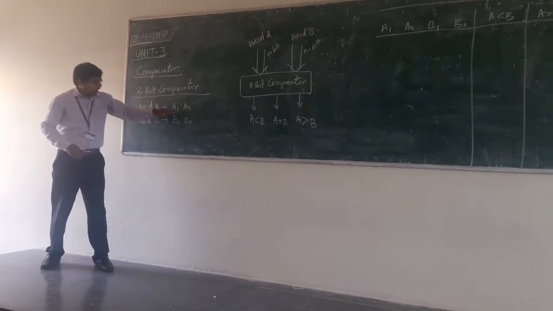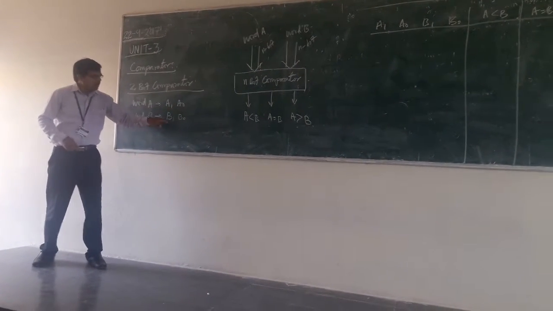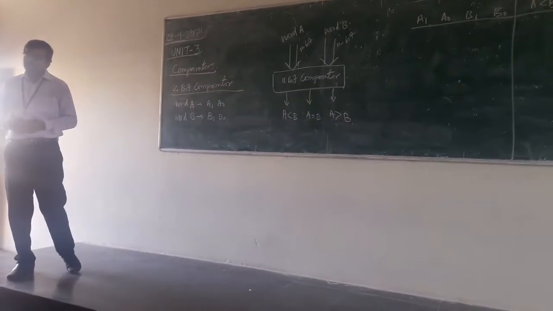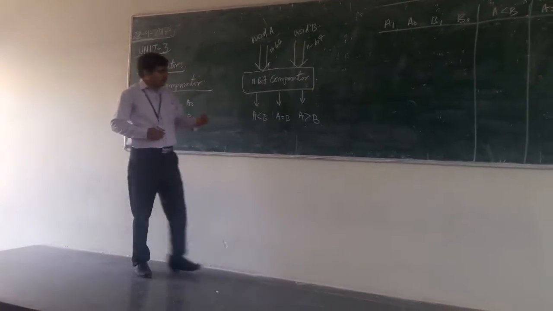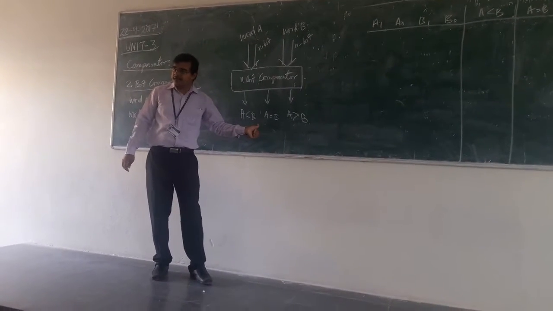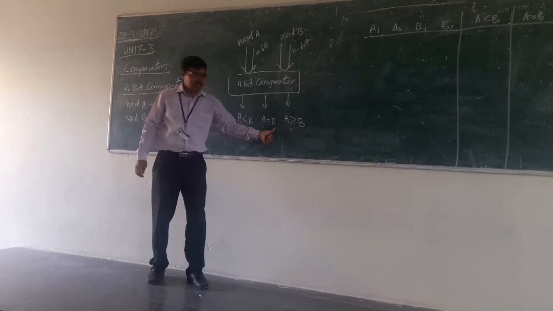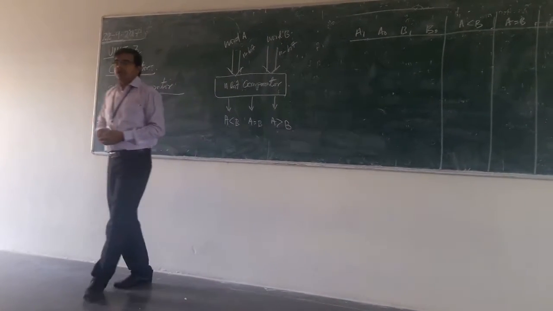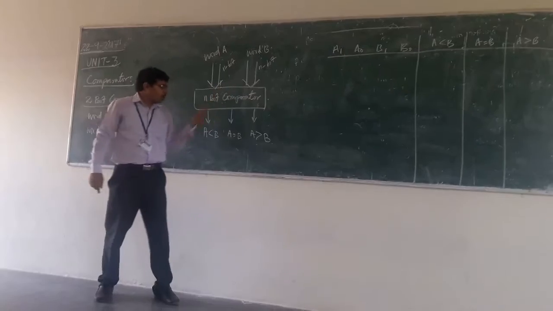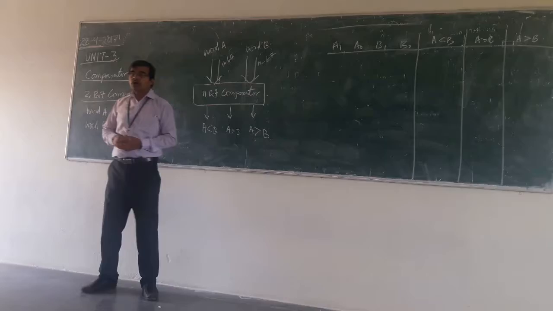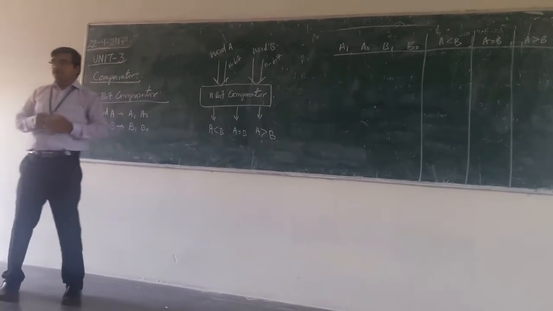So A1, A0, B1, B0 will be the inputs. And the outputs are A less than B, A equal to B, and A greater than B. Whenever we design any logic circuit, with these three as outputs, you have to make the truth table of it.